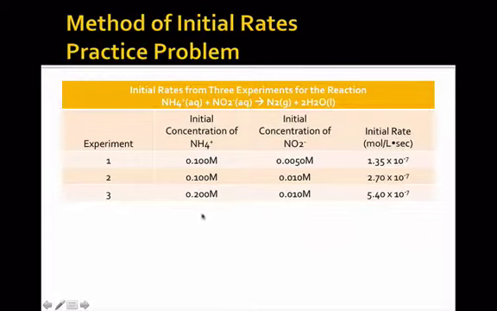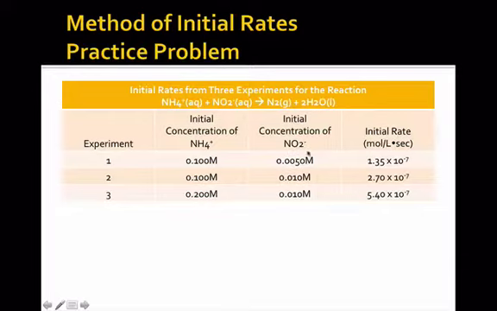It says the initial rates from 3 experiments for this reaction are right here. So we were focusing on changing the concentration of the ammonium ion and changing the concentration of the nitrite ion. And that's what we have here and here. What they wanted to do is change one at a time. So for example, if I look at experiments 1 and 2, they held the ammonium ion concentration constant while doubling the nitrite ion concentration.